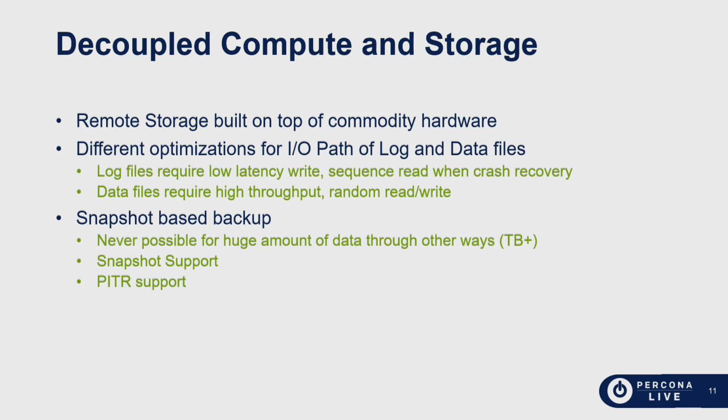Because from the database perspective, one of the assumptions is that writing 16K of data versus 1 megabyte of data, writing 1 megabyte is far slower than writing 16K, because that's basically a linear scale. But in remote storage, this is not true. At least in Azure, this is not true.